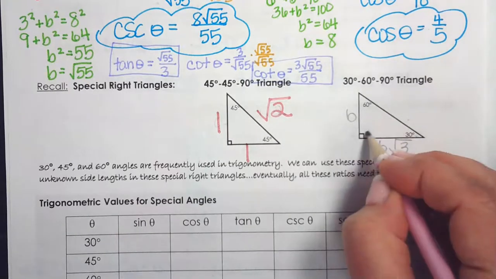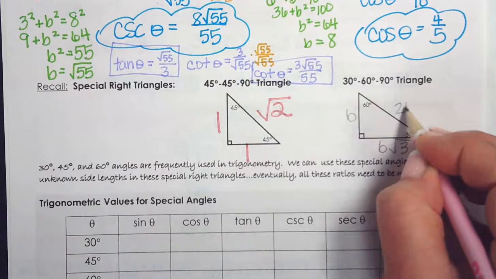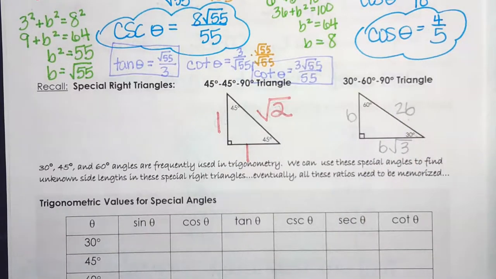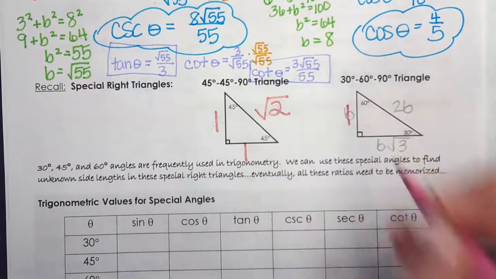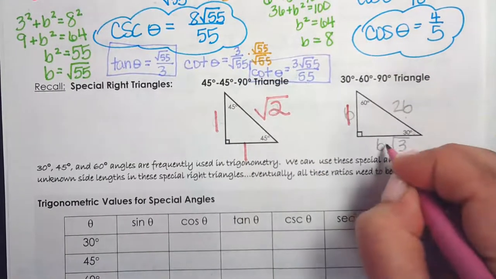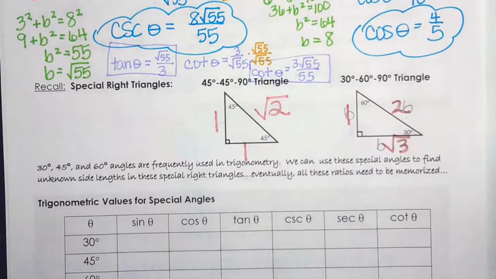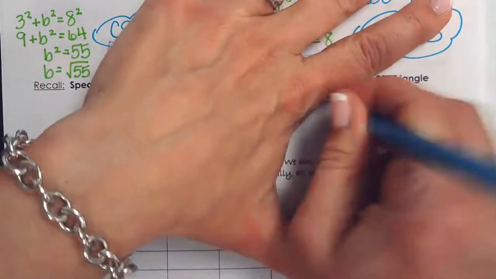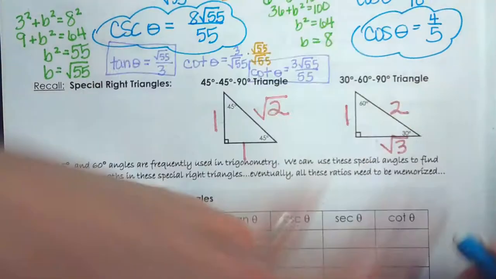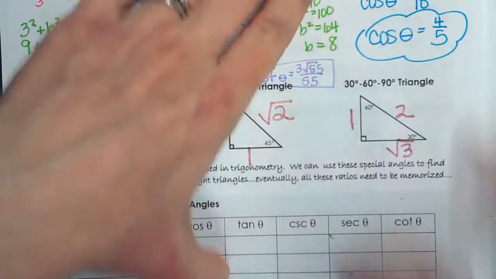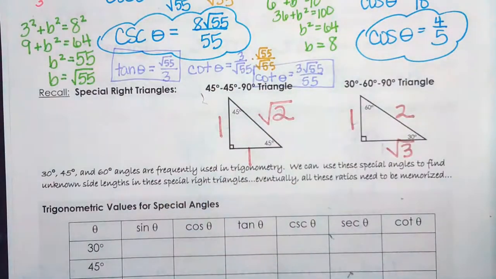And across from the 90 was 2B. Well, again, if we're dealing with ratios, those B's are going to cancel. So I'm going to call this 1, this just root 3, and this just 2. Okay. And that way we just have a little less simplifying to do.